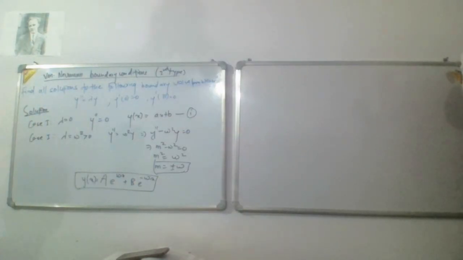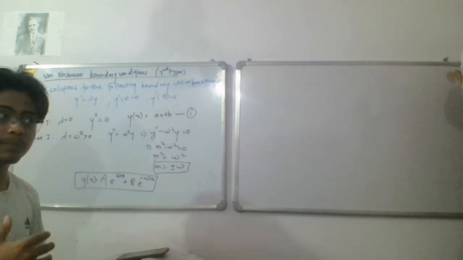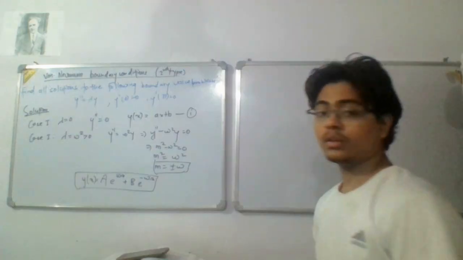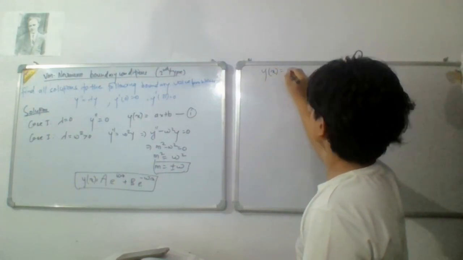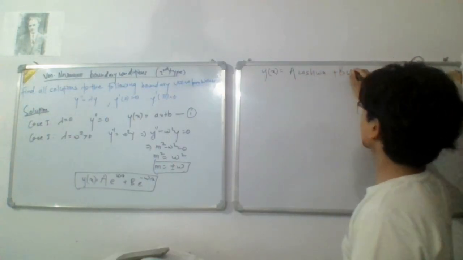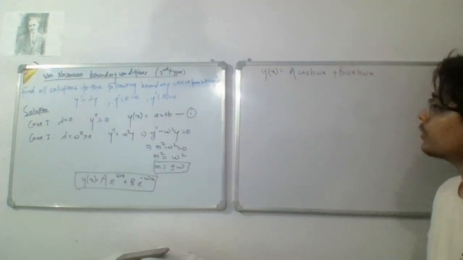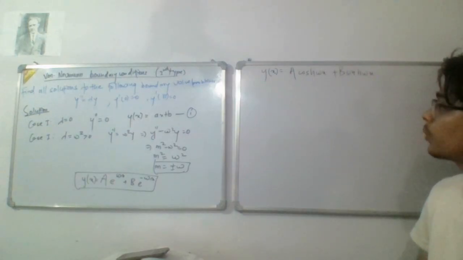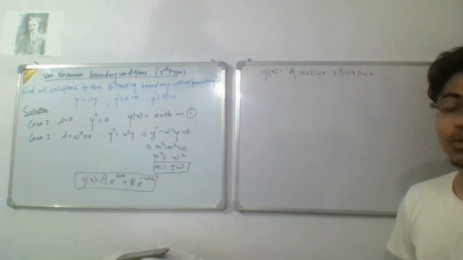So let's explore the relationship between trigonometric and exponential functions, and write this in hyperbolic functions of sine and cos. That gives us y of x equals a cosh omega x plus b sinh omega x. This is the second solution. If we apply the boundary conditions there, we can get another solution of the boundary problem. But let's first find the solutions of all three cases.